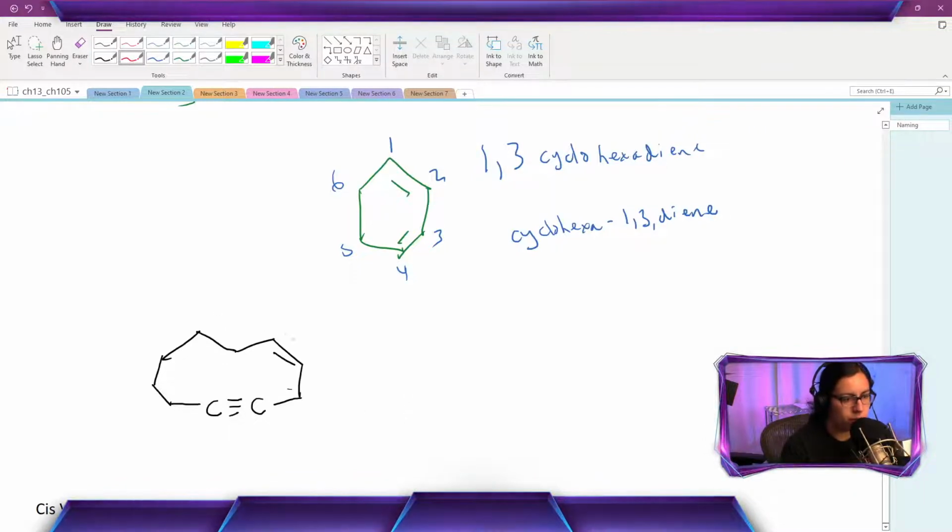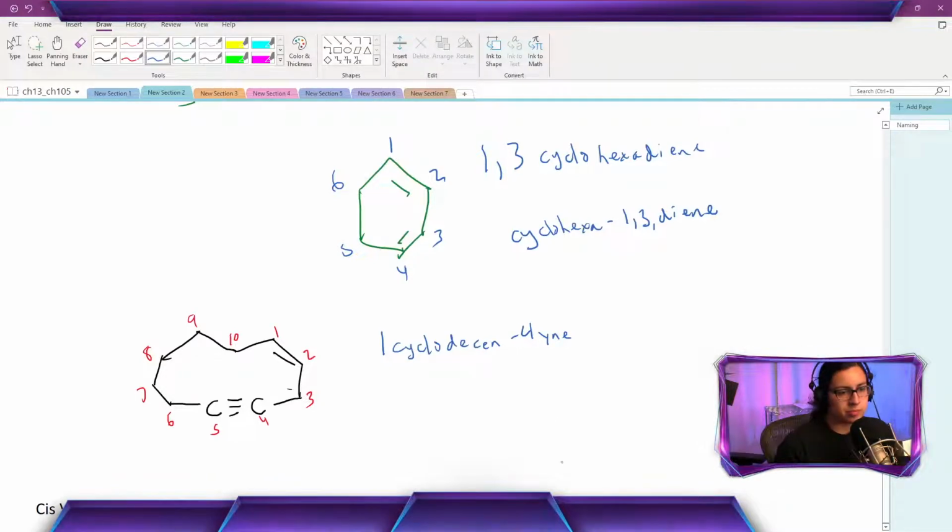So let's label our priorities. So this would be 1, 2, 3, 4, 5, 6, 7, 8, 9, 10. So this is a ring. So 1-cyclodecene, and then 4-yne for our alkyne.